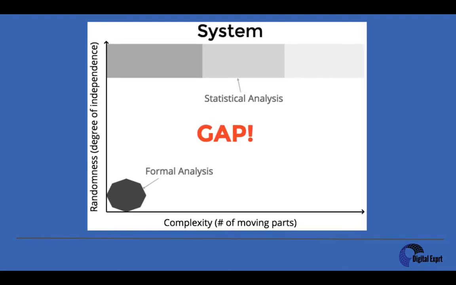So in between the formal analysis and the statistical analysis, there is a gap. And this gap is counterintuitive, and just because we cannot grok it, either by using formal analysis or statistical analysis, doesn't mean that we can safely afford to ignore that gap.